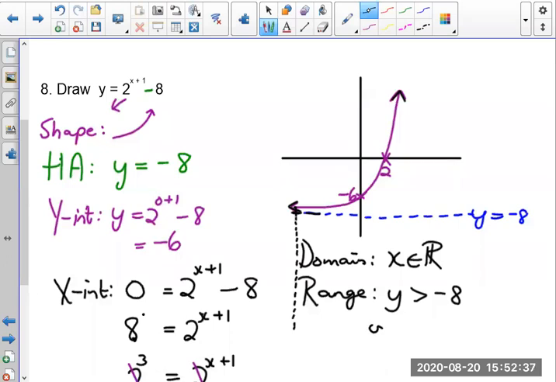Or if you want to write it as y element of, the smallest value is just above minus 8. So it's minus 8 but not included. And then it goes up to infinity. And this graph is increasing for all real x's, for all x element of R. This is an increasing graph.